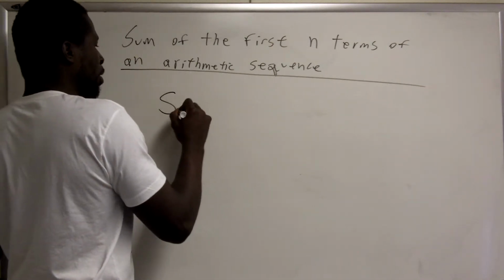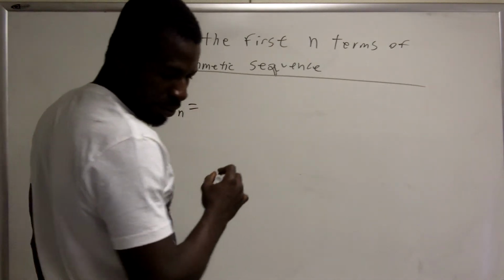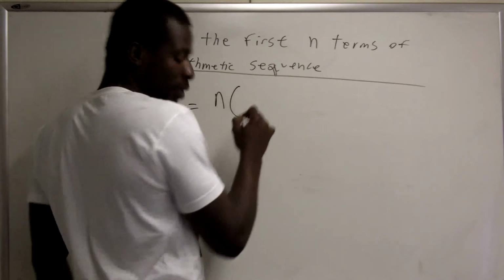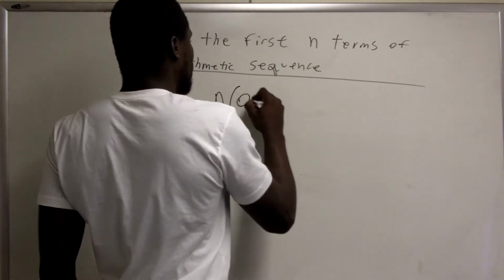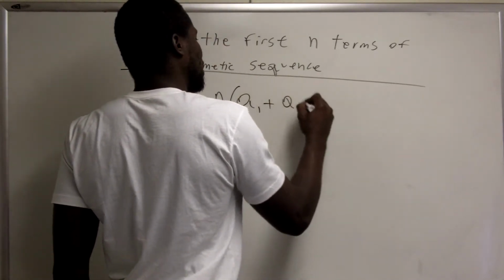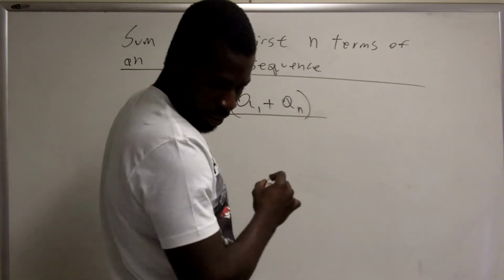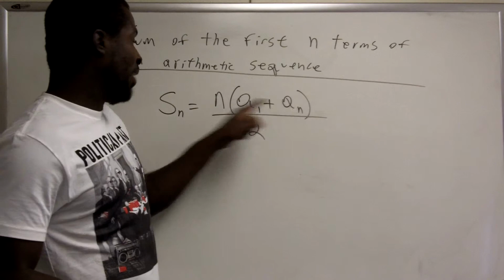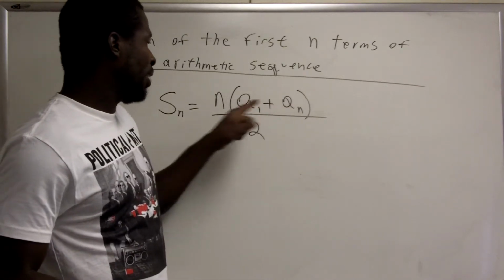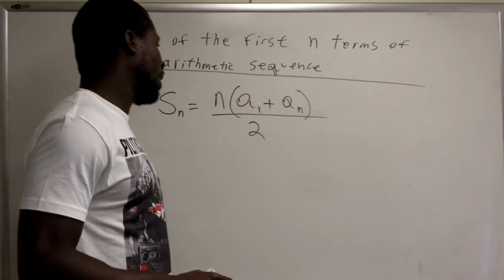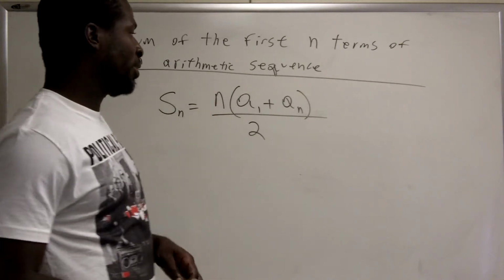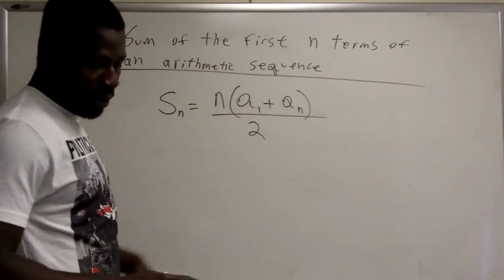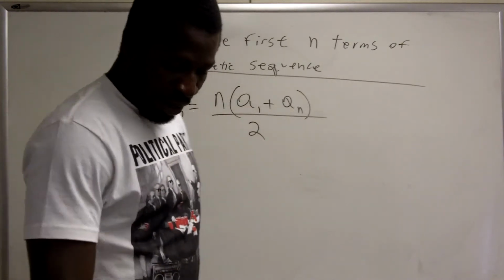The nth partial sum, Sn, is going to be equal to n multiplied by a1 plus an, all divided by 2. So you take the first term, add it to the nth term, and then divide by 2 and multiply the answer by n. So this is the sum of the first n terms of an arithmetic sequence.